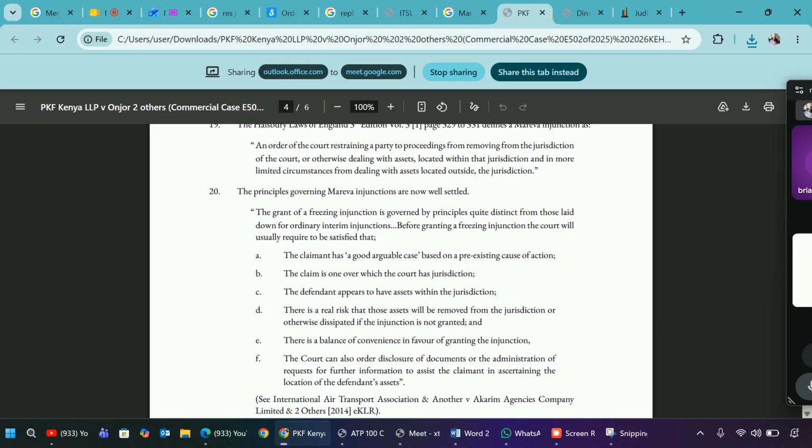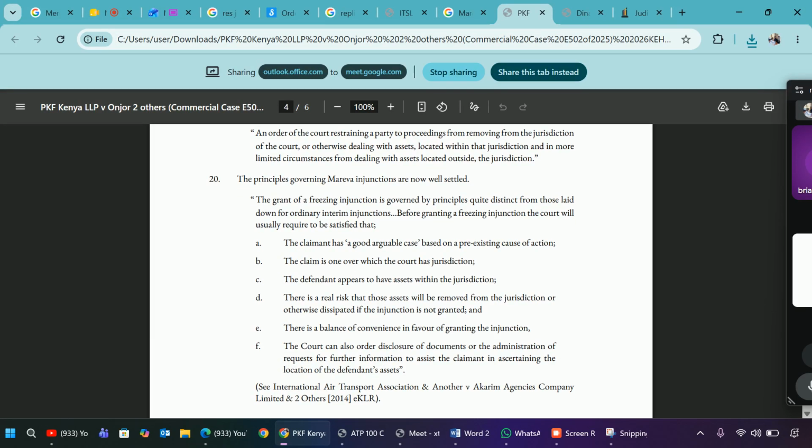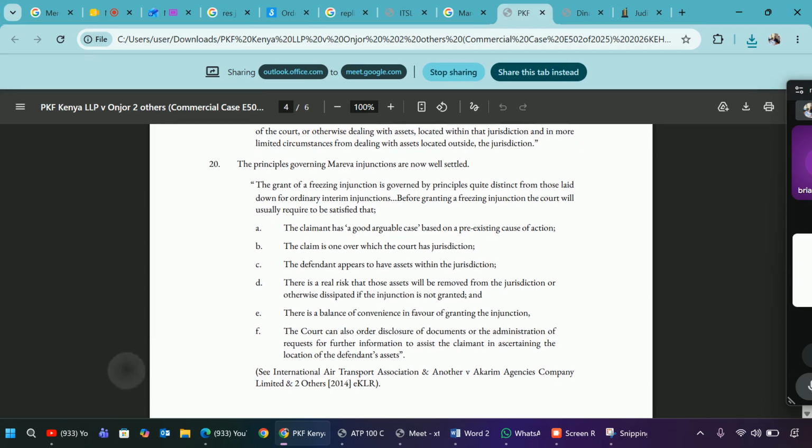If you read the decision known as PKF Kenya LLP versus Onjor and two others, it says that the principles governing Mareva injunctions are now well settled. The grant of a freezing injunction is governed by principles quite distinct from those laid down for ordinary interim injunctions.